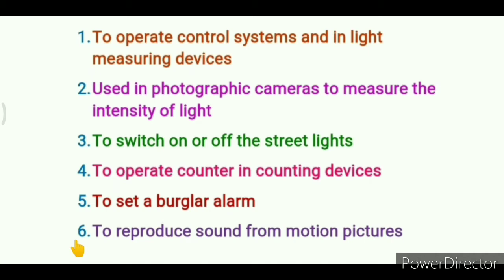As we have already seen, the photoelectric current is directly proportional to the intensity of the incident radiation, and this current is amplified and fed to speakers, and in this way the sound is reproduced from the motion picture by using a photocell.